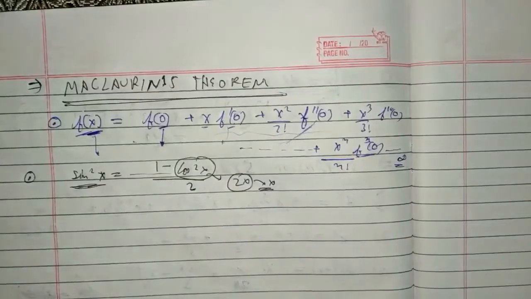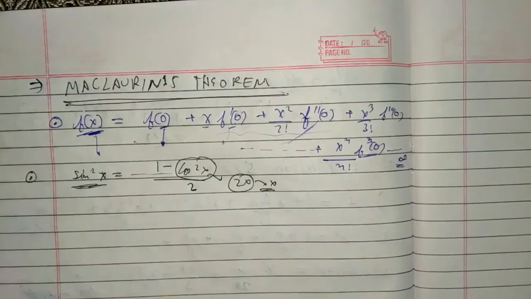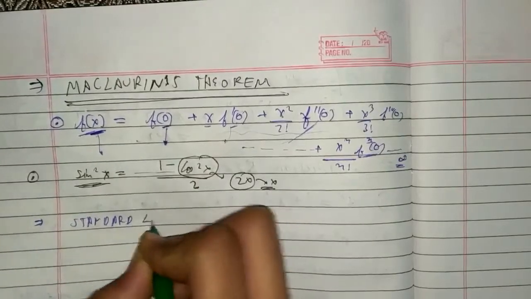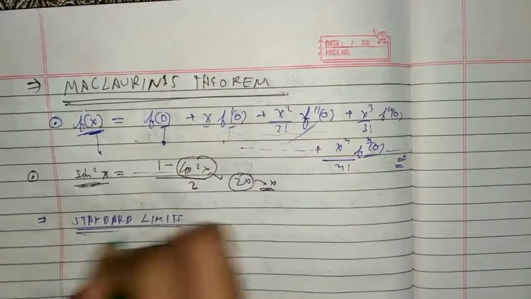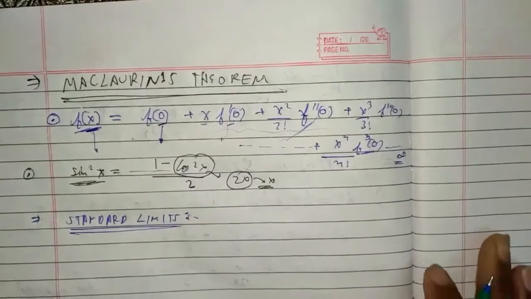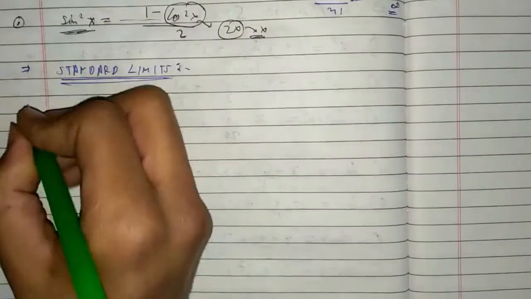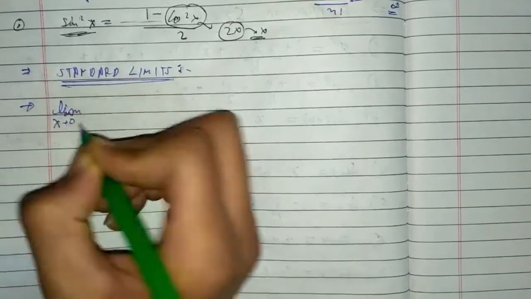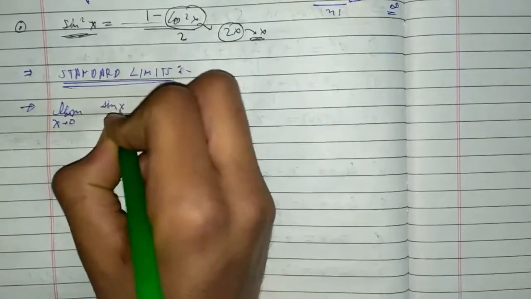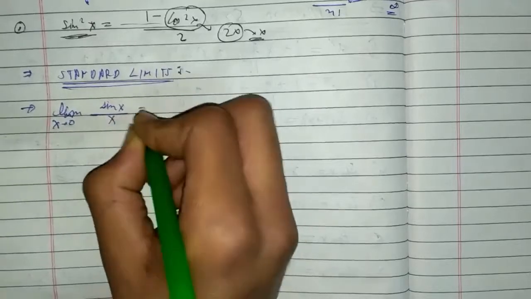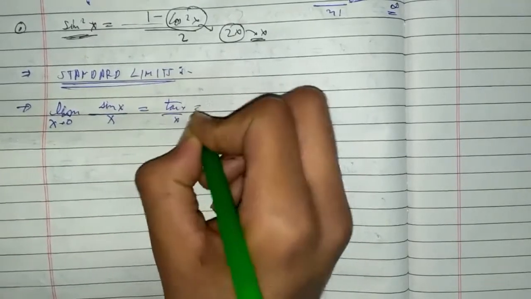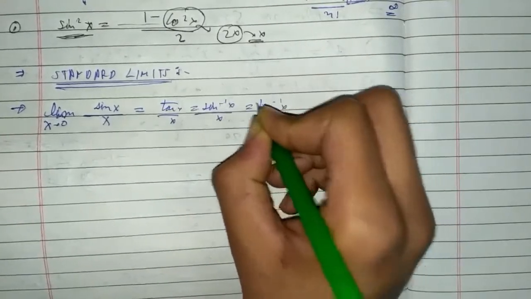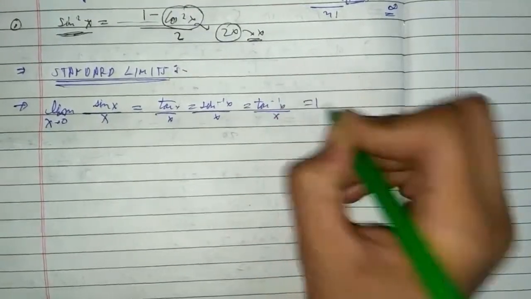Okay, and now the last part of today's lecture is standard limits. Standard limits, it is a very easy topic, but you need to remember this. It is very easy to remember because it is very obvious. That is, limit x tends to 0, sin x by x is equal to tan x by x is equal to sin inverse x by x is equal to tan inverse x by x is equal to 1.